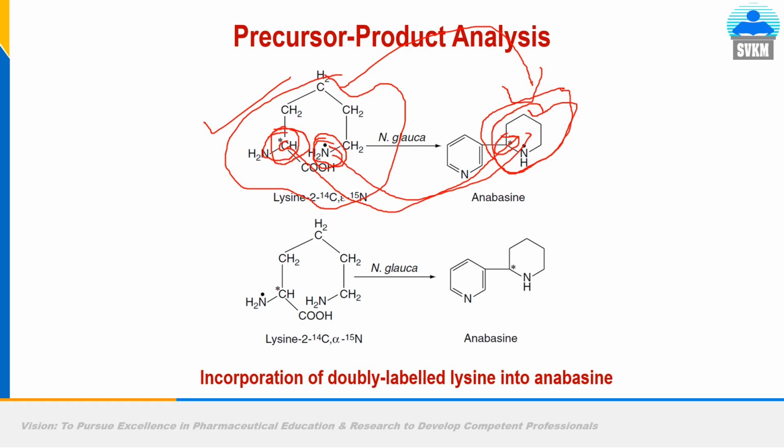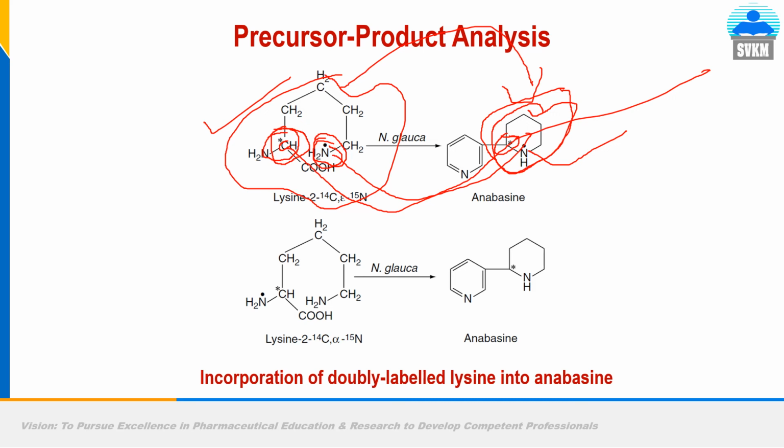It means this particular carbon and this nitrogen came from the lysine. Both the carbon and nitrogen were replaced by isotopes of carbon and nitrogen respectively, and both these atoms have been found in the piperidine ring of enabasine. It means the nitrogen and this carbon have come from the lysine.